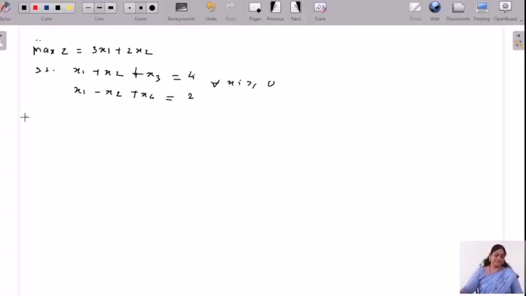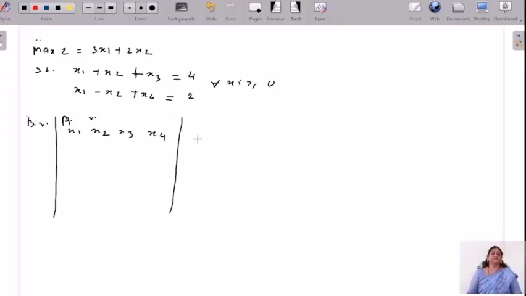Our table is: first column is basic variable, then admissible variable, I will write in short admissible a dot v, x1, x2, x3, x4, right hand side constant. In the first step, consider as basic variables the slack variables x3 and x4.